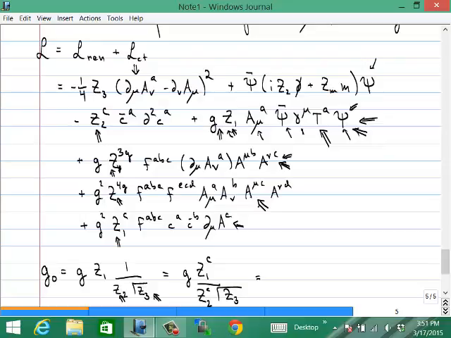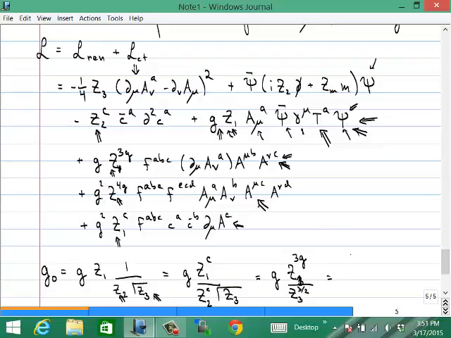Well, you get g times Z3, and then you get three factors of the wave function renormalization for the A. Or finally, I guess I've written down three of them, I might as well write down the fourth.